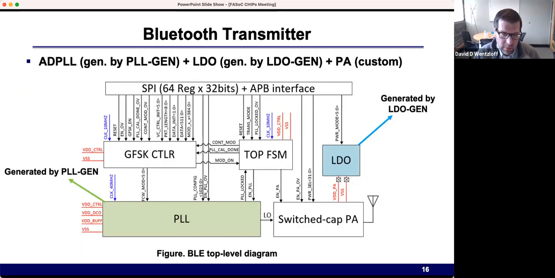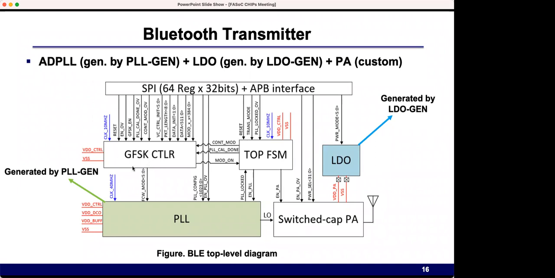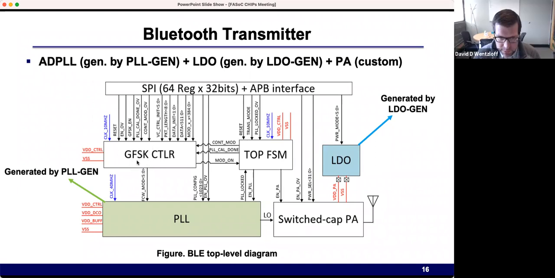In our last GF12 chip, we also dropped down a Bluetooth transmitter. So a complete radio, including a GFSK modulator, Gaussian frequency shift keying. That's what Bluetooth uses to communicate. A ring-based PLL to generate the LO signal, an LDO to drive the power, and we use a switch cap PA.